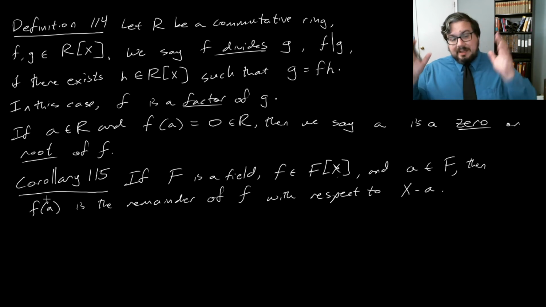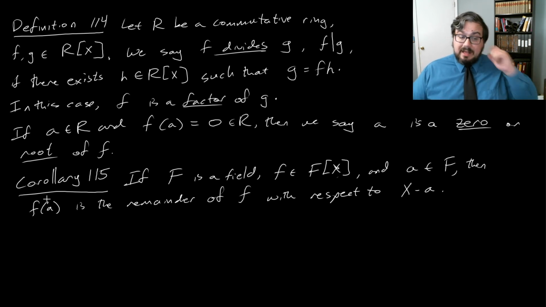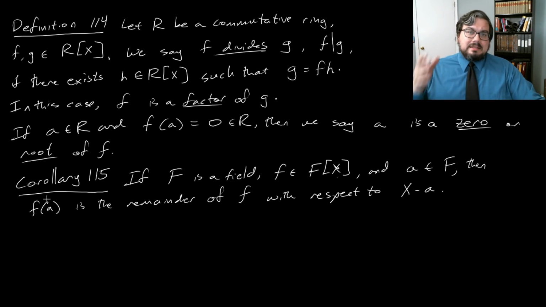You evaluate all that, and you get some field element. But that field element is also a constant polynomial when we think of the field F sitting inside the polynomial ring F adjoin X. And so this is saying it's also the remainder of F with respect to X minus A.